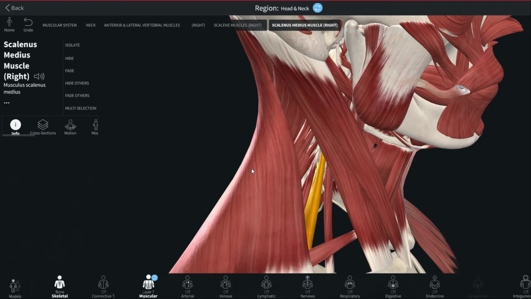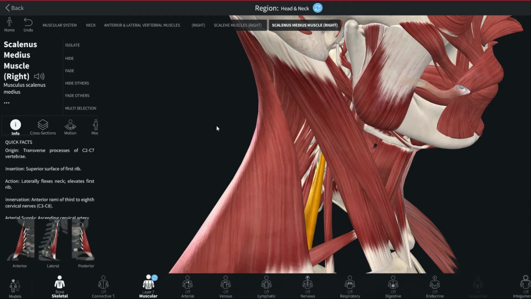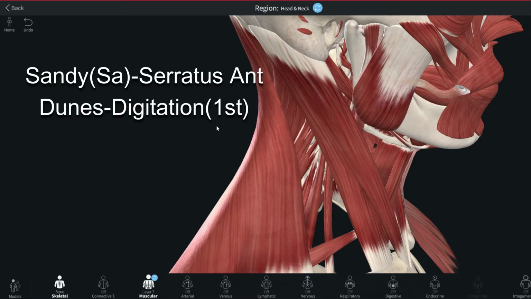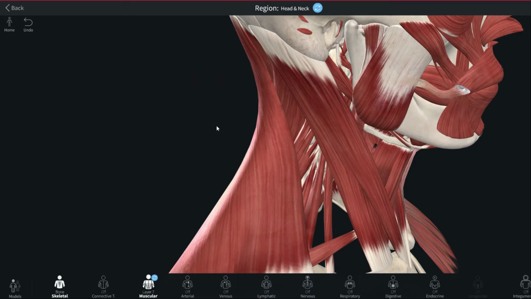The medius part, I just remember that medius is the middle one. Scaling sandy dunes. Sandy, SA, serratus anterior. Dune, I actually introduced that to remind me that dune stands for digitation. So first digitation of serratus anterior.